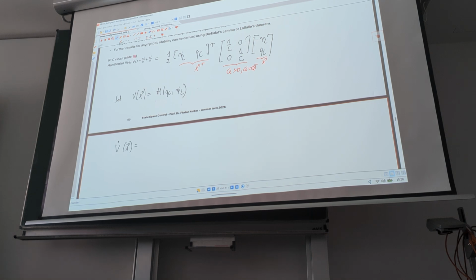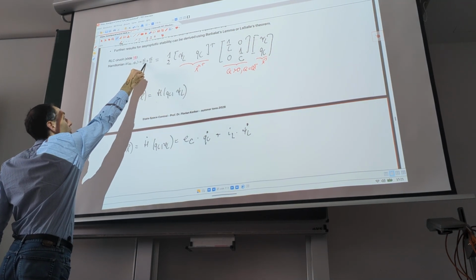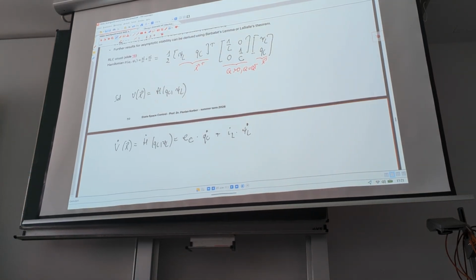What I would say here is V dot, so this would be the H dot of Q C by L. If I differentiate Q C, 2 Q C by 2 C, so this would be Q C times Q C over C, which is basically the E C times Q C dot, plus the I L times phi L dot. Okay, so I've done a direct differentiation of this expression. I differentiate by Q C, I get 2 Q C by 2 C, which is Q C over C, is E C times Q C dot, and the second term there.